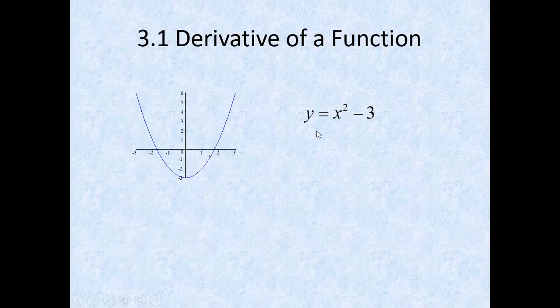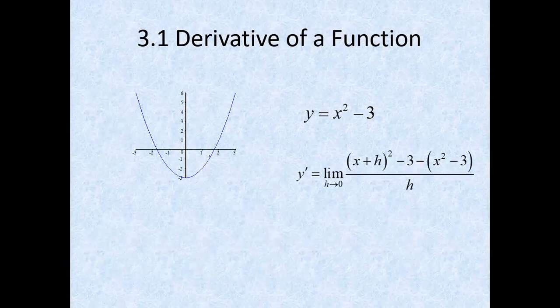So we will solve this by deriving y prime equals limit where h tends to 0, and we have x plus h square minus 3 by the formula. Wherever we see x, we replace it by x plus h, and this quantity is squared. So x plus h is squared and minus 3, and this minus is by the rule, by the formula.